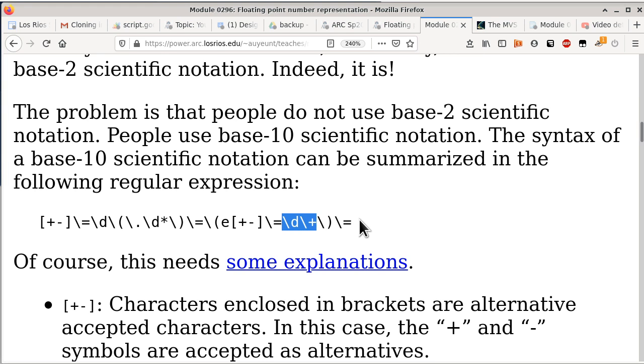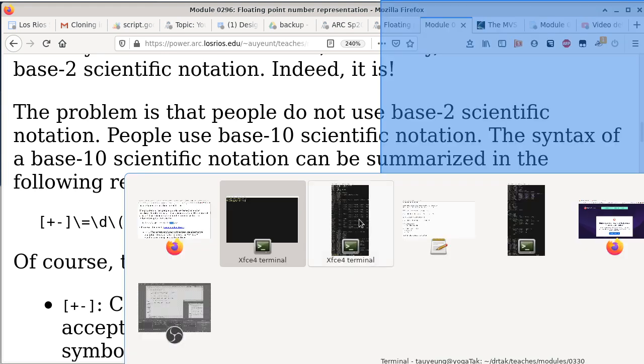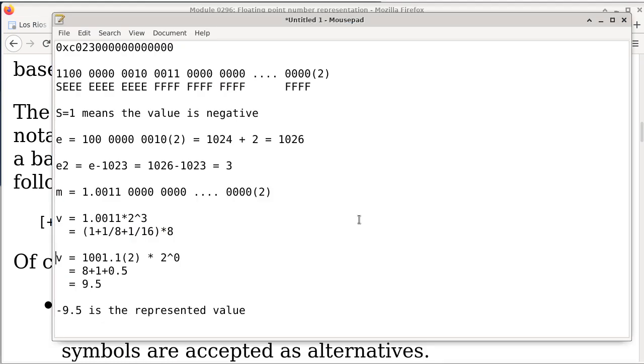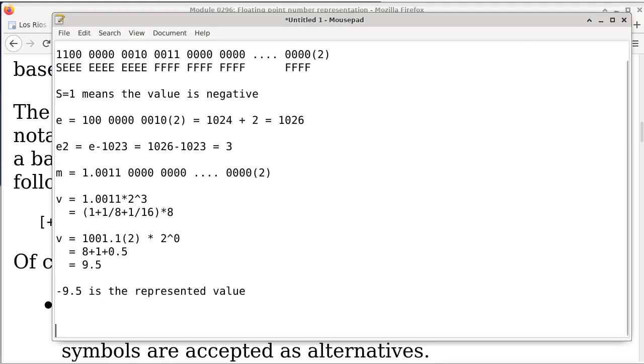Okay, I'll give you an example. For instance, let me go back to Notepad here. If I give you this number, negative 1.23e, let's make this fun, negative 23, okay?